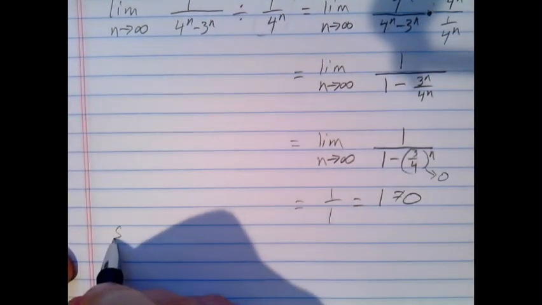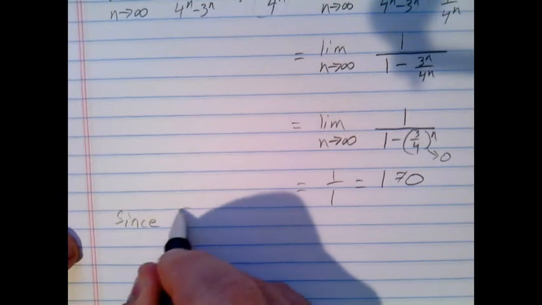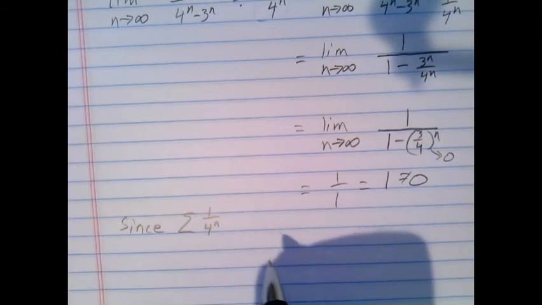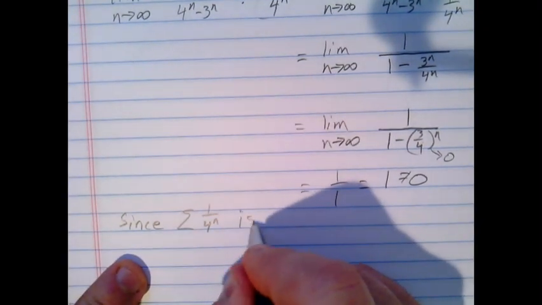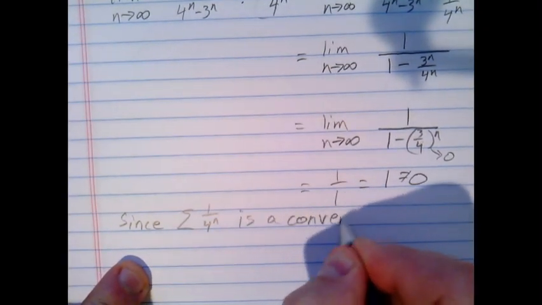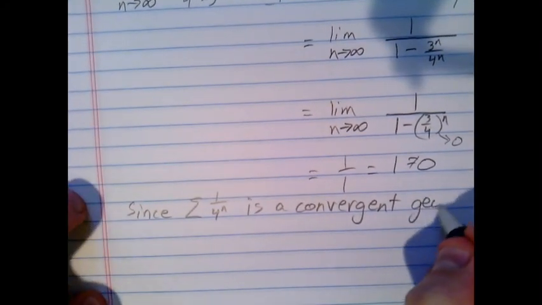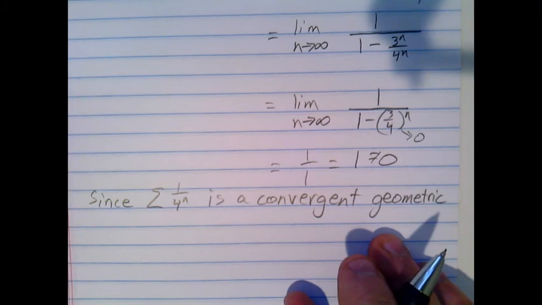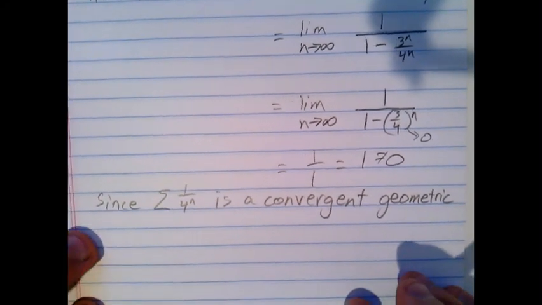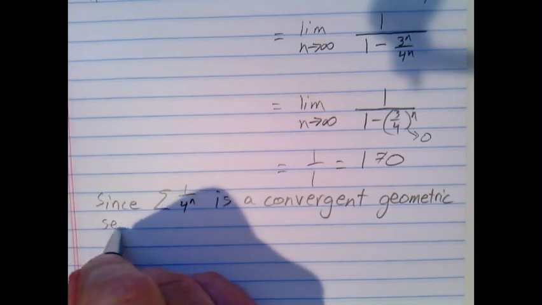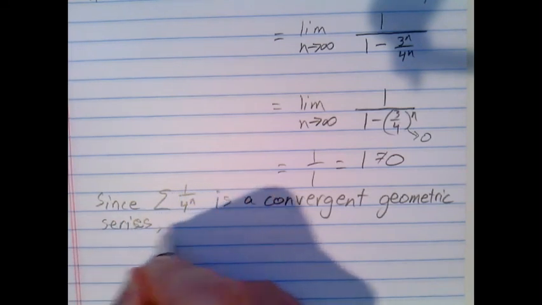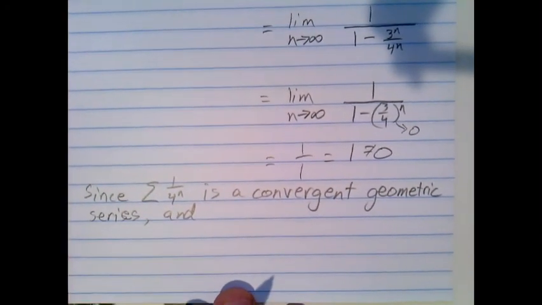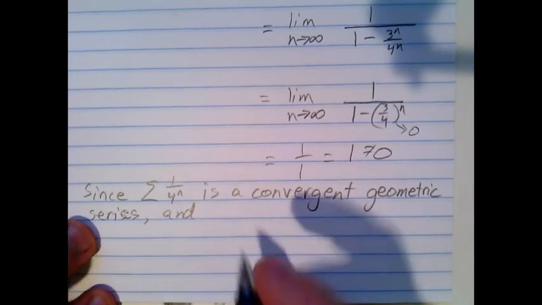So here's what I'm going to say. Since the series whose nth term is 1 over 4 to the n is a convergent geometric series, and it's convergent by inspection because the r value is between 1 and -1, and what else we need to check?